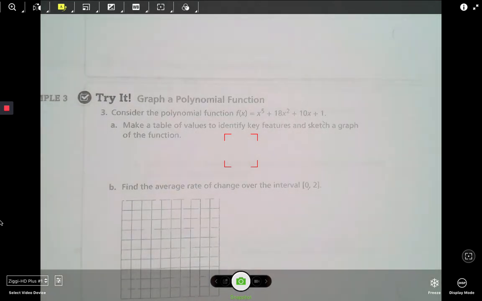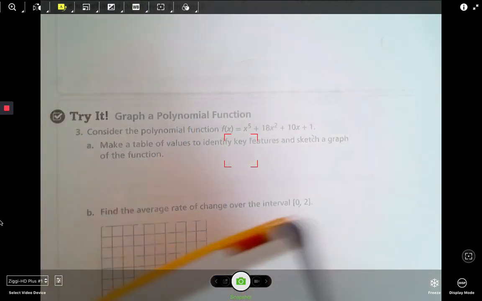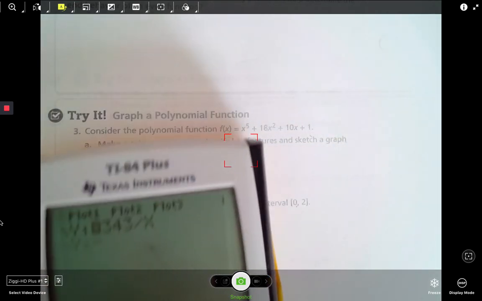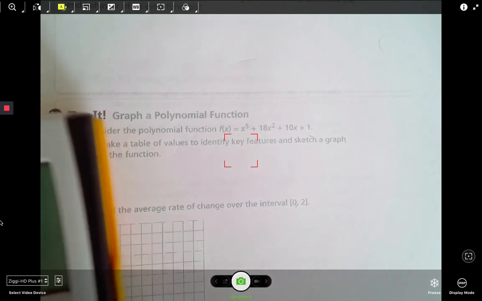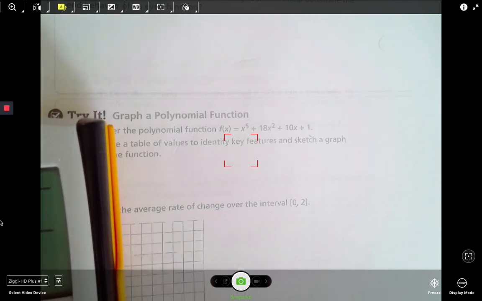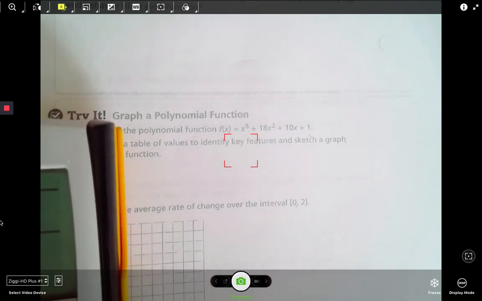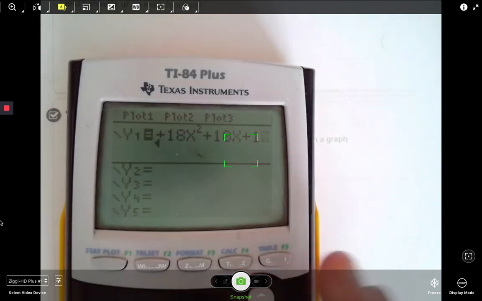So you got a calculator, and this is where I would go to y equals and put the equation in my calculator. So x to the 5th plus 18x squared plus 10x plus 1. And then I want to look at my table.